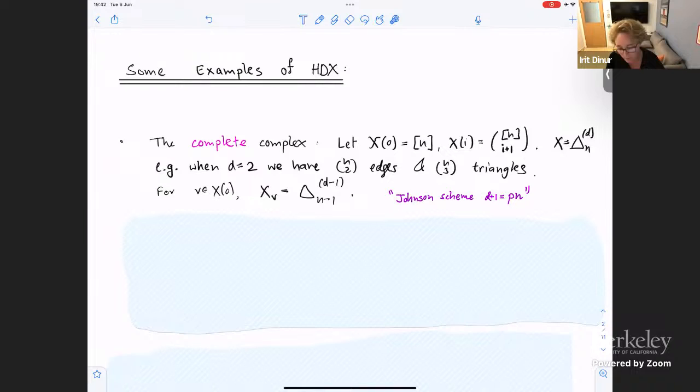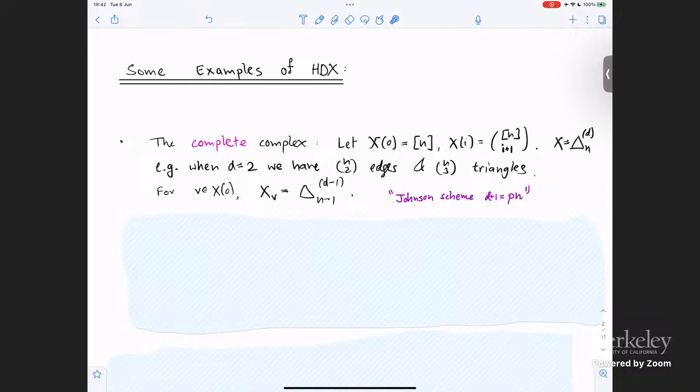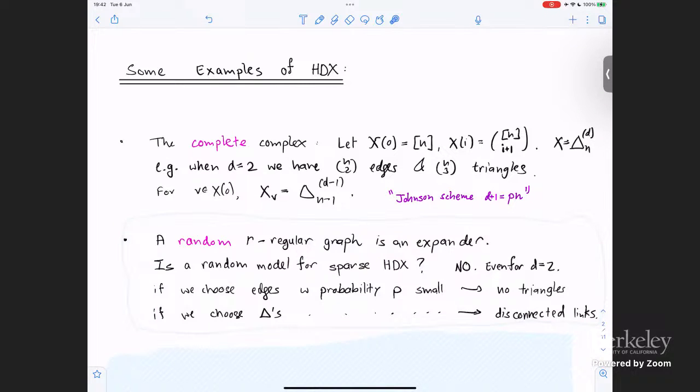And if you want, you can think of it as the sparse scheme, where think of the scheme as also big, it's the same as saying size p times n. And it's easy to see, when you think about it, that links of the complete complex are just the complete complex, one element less and one dimension less.